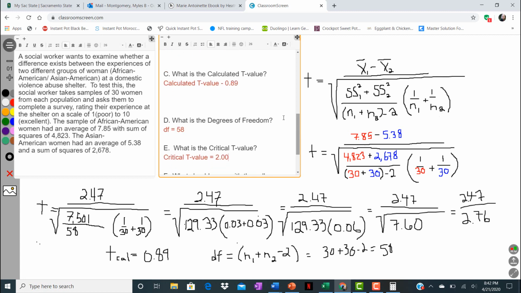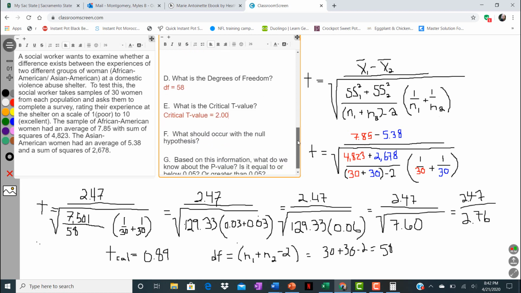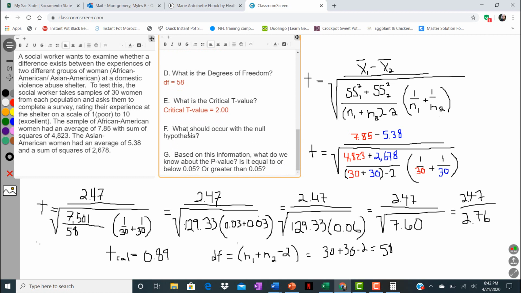Okay, what should happen? Well, let's take a look. Here's your calculated, here's your critical. So what's bigger? Critical. So what should be done? We will accept the null hypothesis, after I turn it red. And finally, if we've accepted the null hypothesis, we already know what the p-value is going to be.